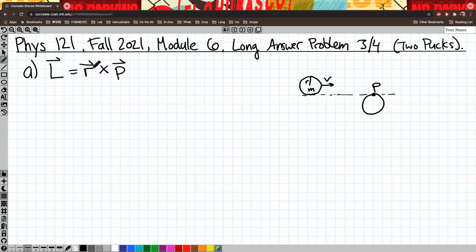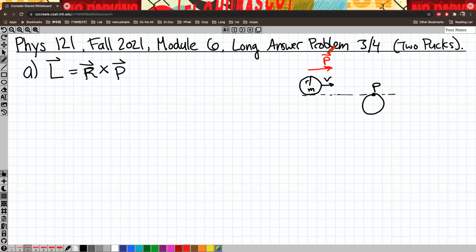So I'm going to use capital R for the position there, because lowercase r was already given as the radius, not the displacement away from the pivot point. All right. The momentum vector, so I'll use a different color now. The momentum vector is like this, right? That's P. And then what about the capital R vector?